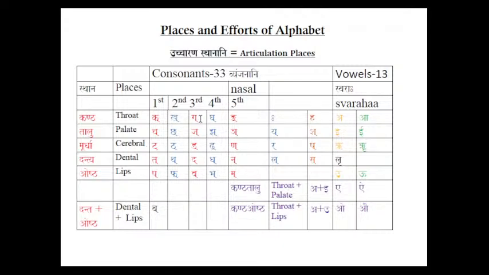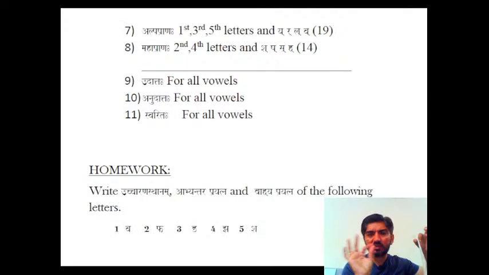Keep any page, a blank page or any written page is okay, but a very thin page, very close to your mouth, and then speak the first, third and fifth letter of each group.